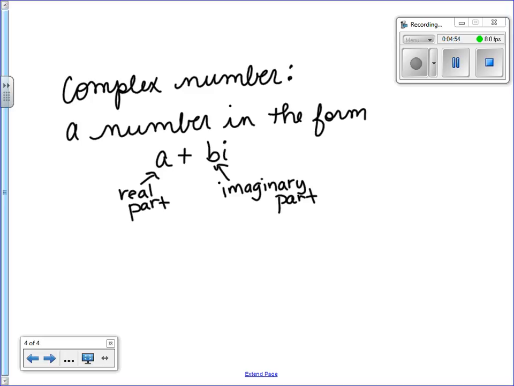Here's something that most people don't realize. Because imaginary numbers require high abstract thinking, we can't introduce them early, but every number that you use is actually a complex number.